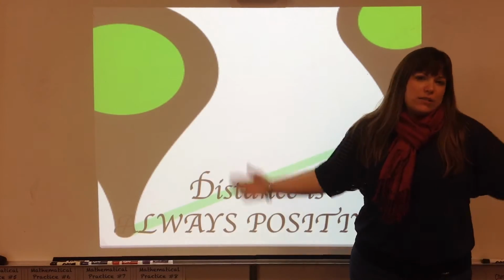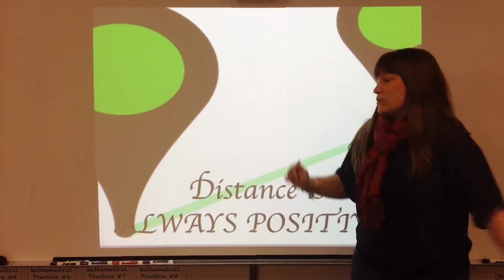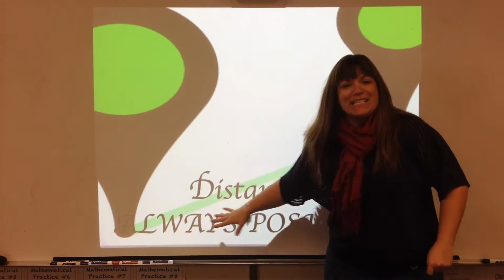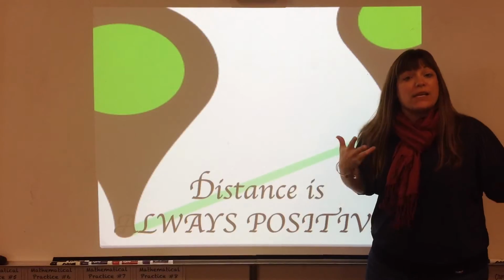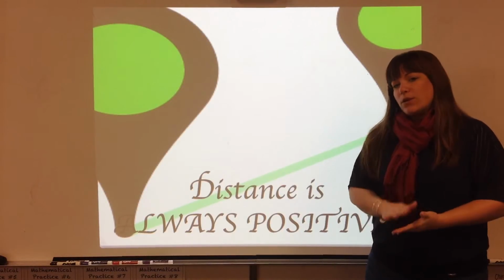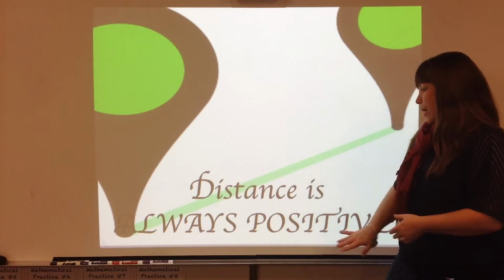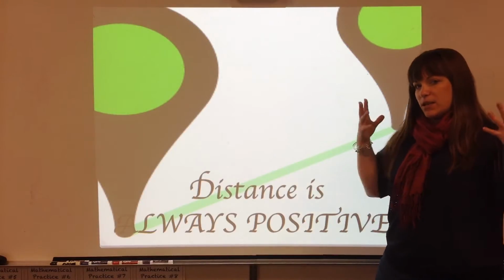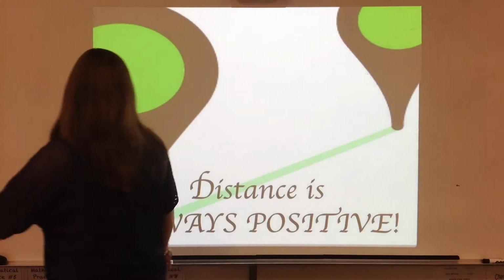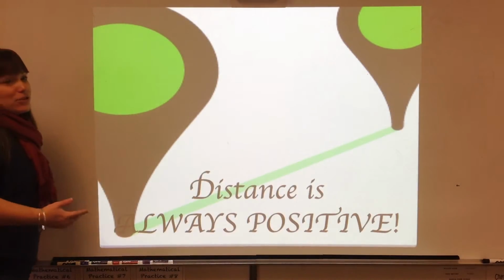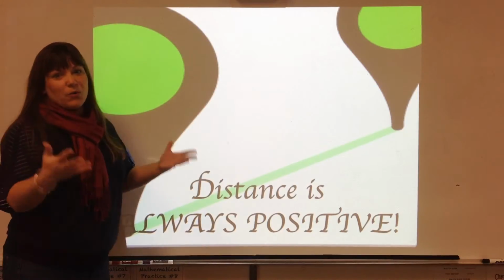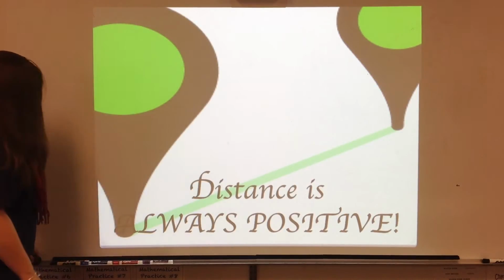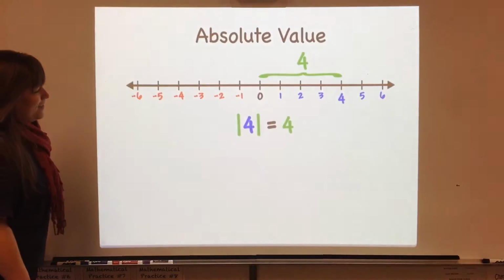Or how many miles is it from your house to your grandmother's house? So distance, that idea of how far away something is always going to be a positive number. So that's the biggest thing to remember when you're talking about absolute value. The answers, when you're dealing with absolute value, are always positive because of this idea.